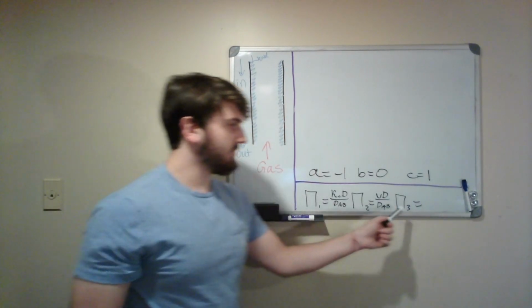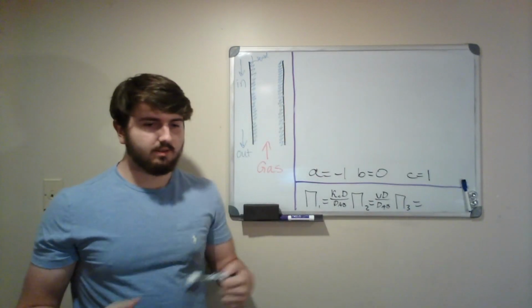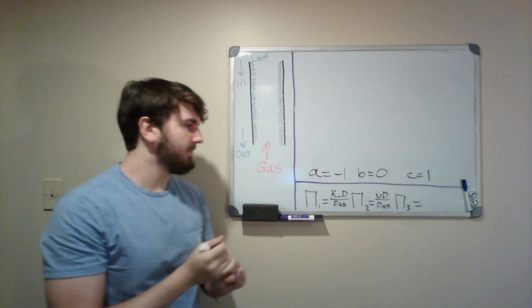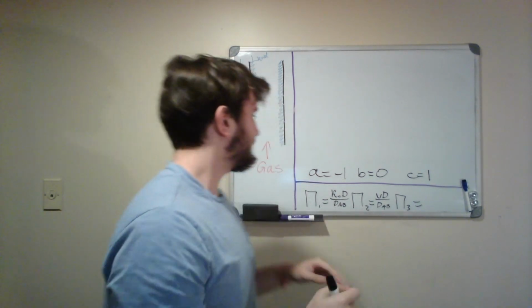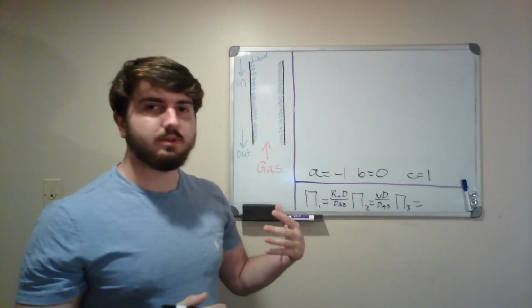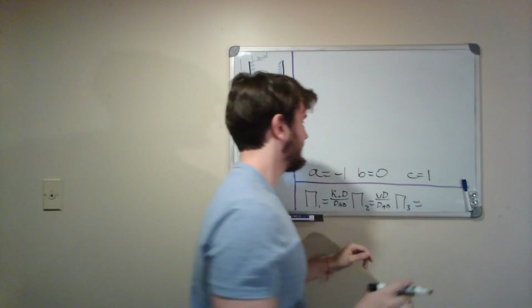But we're still left with pi 3. Pi 3, we're going to have to work with a little bit more. With pi 3, our variable is going to be viscosity.